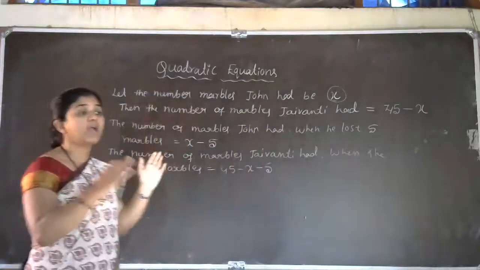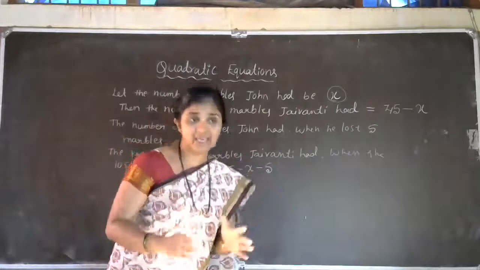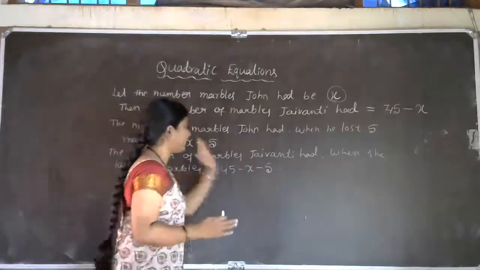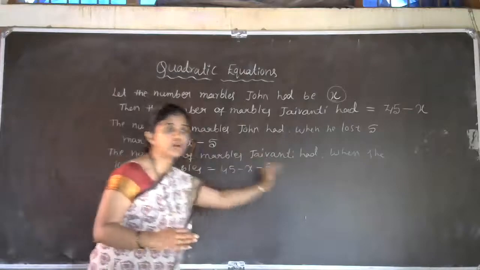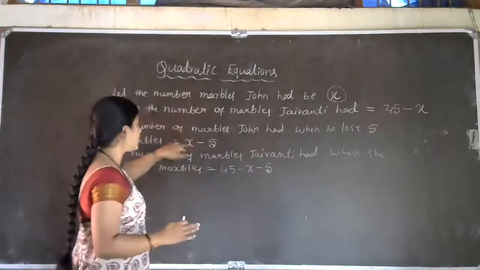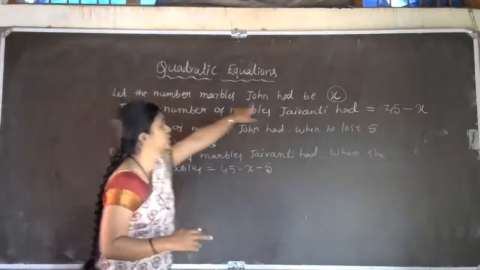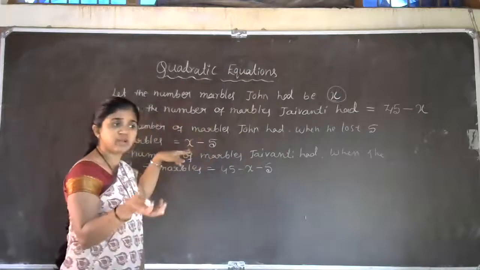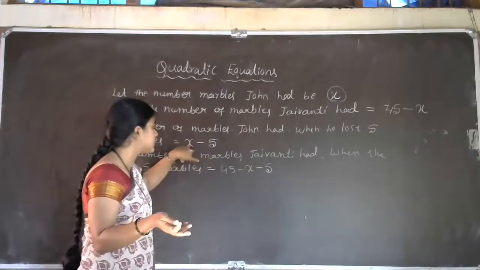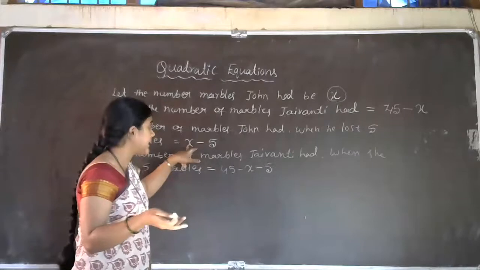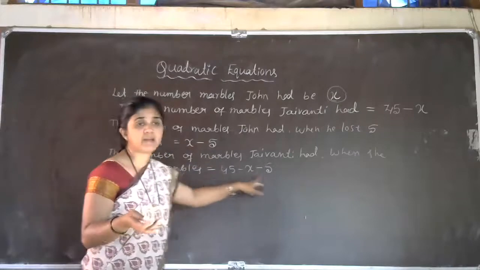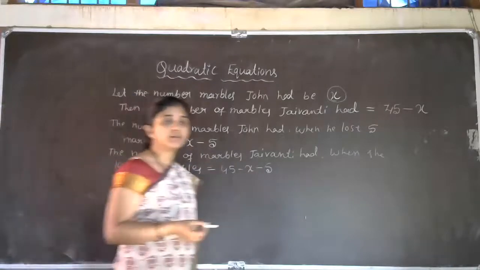They have lost 5 marbles each, so we are removing the 5 marbles from the beginning number of marbles. Here the total number of marbles John had is X. So after losing 5 marbles, John's number of marbles will be X minus 5. Here 45 minus X minus 5. Got the idea of this one?